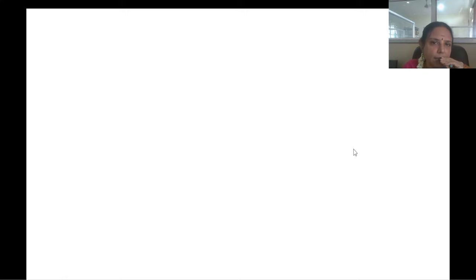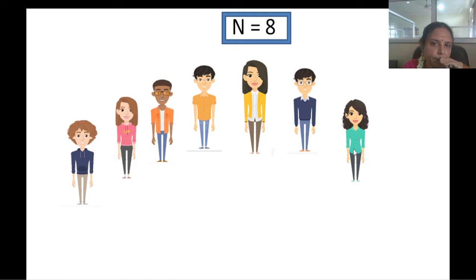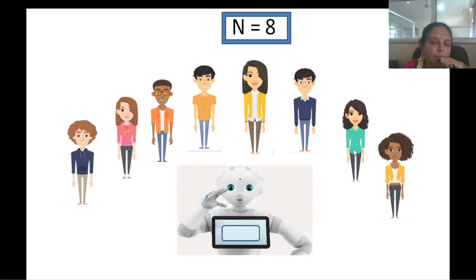Let us understand this using a scenario. Assume n is equal to 8, where n refers to the number of persons. So we have 8 persons and there is a judge. Here the judge is our computer, which will finalize and declare whether the argument wins or loses.